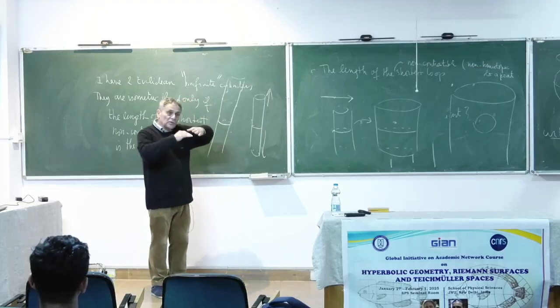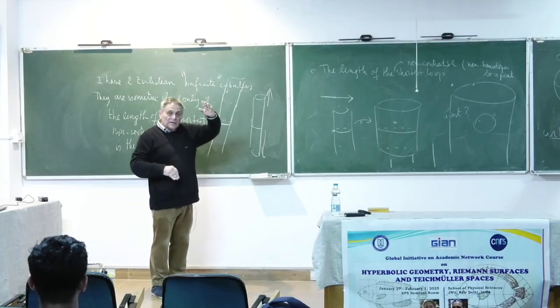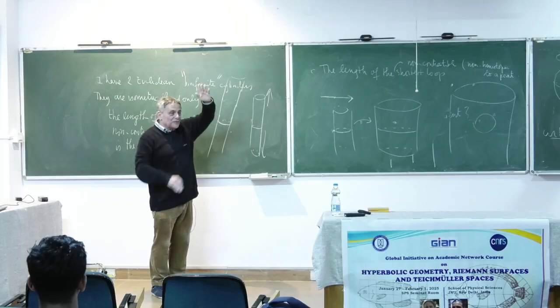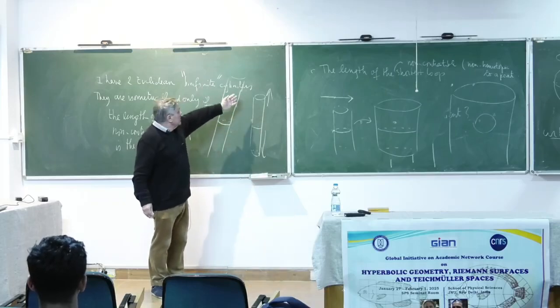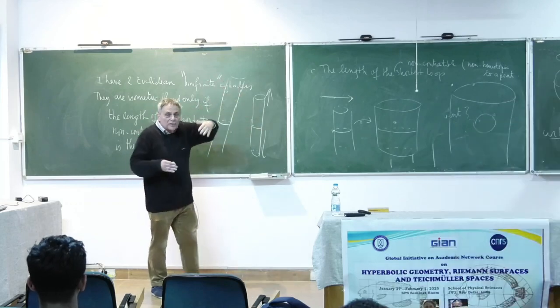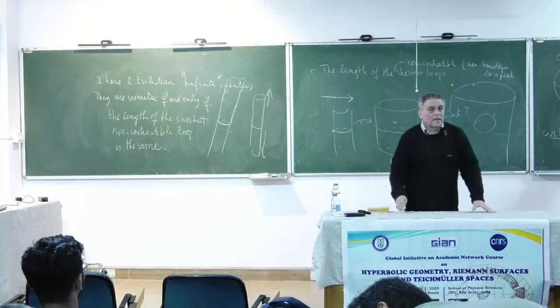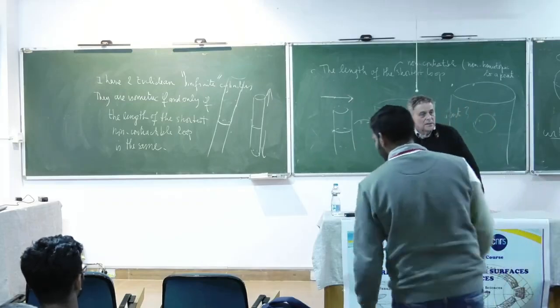Then you want to know whether you can extend this one-dimensional map to a two-dimensional map. Since both of them are cylinders, bi-infinite from both sides, there's no obstruction to extending this map to an isometry between the two cylinders.